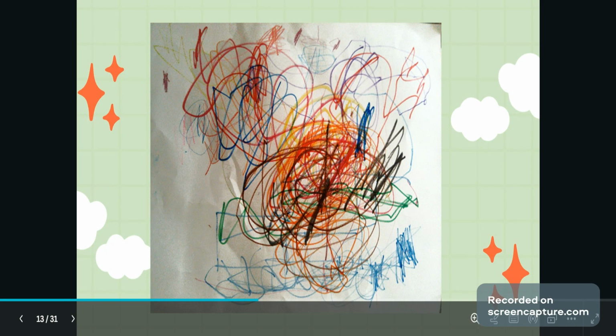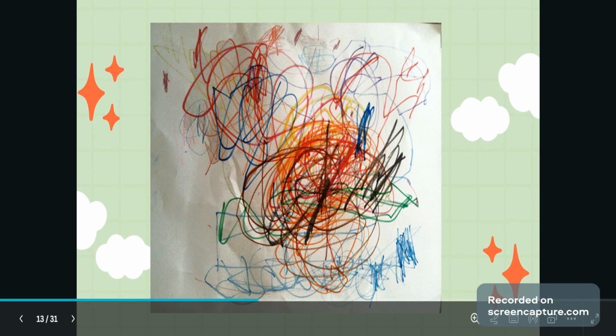But if we apply phenomenological insight on this, the child may be expressing emotions, telling a story, or beginning to understand symbols and communication. Or maybe they are trying to practice or learn how to hold the pencil and they do some scribbles just to practice it, or whatever it is for them.